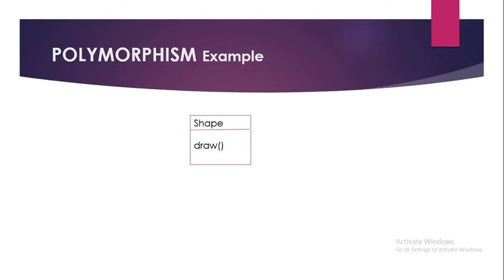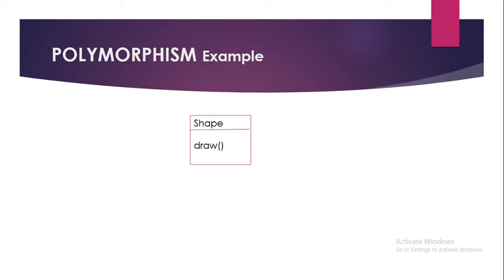Let us consider one object, shape, or one class you can say, a class of type shape. In this class, one function is declared, that is draw. If I am just talking about this object, I want to draw some shape by using the draw function.